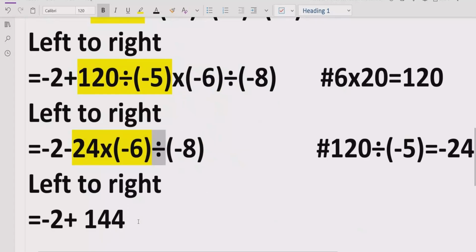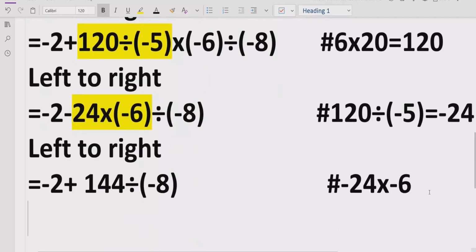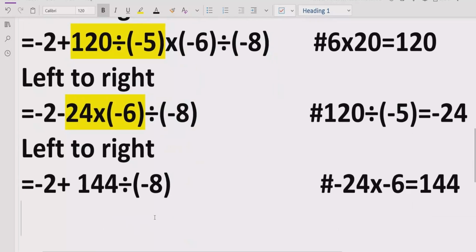Now divided by minus 8, we will write as it is. And here we give the reference: minus 24 multiplied by minus 6 equals 144.